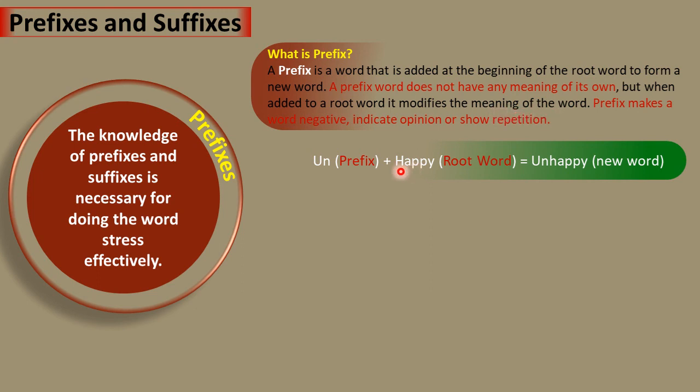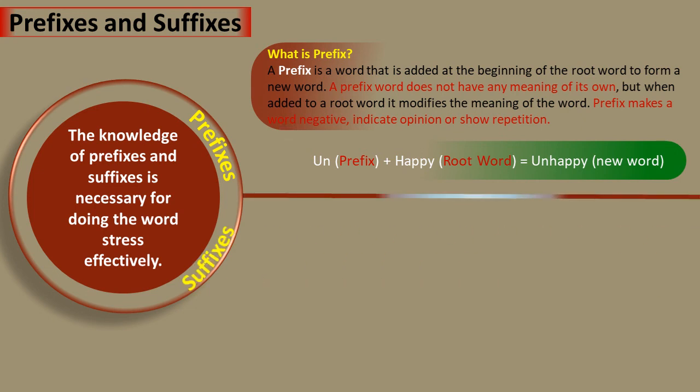Here, the root word happy has a positive meaning, but when a prefix is added to this root word, the meaning changes. What is the meaning of unhappy? Unhappy gives us a negative meaning. Prefixes make a word negative at times, and indicate opinion or show repetition. So anyway, do you understand what a prefix is?